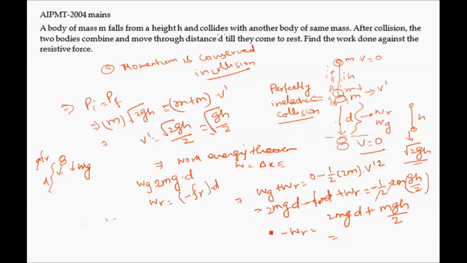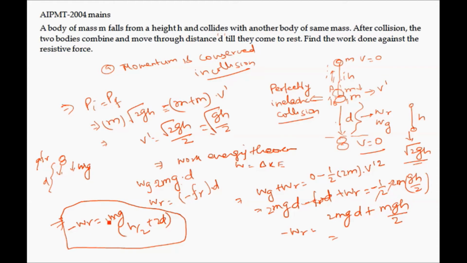It means the work done against the resistive force, minus Wr, is equal to, if I take mg common, mg into (h by 2 plus 2d). Wr is the work done by the resistive force and minus Wr is the work done against the resistive force.